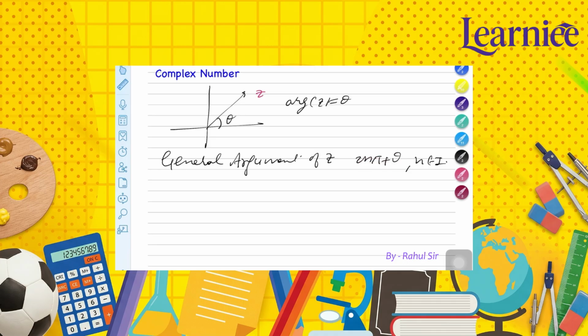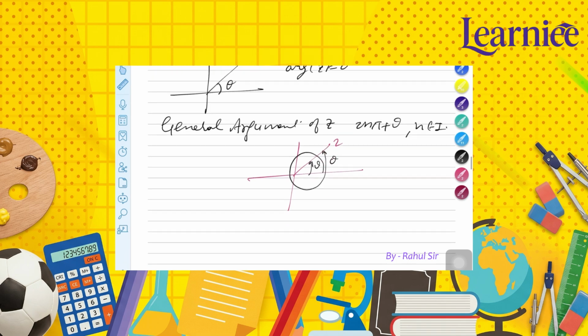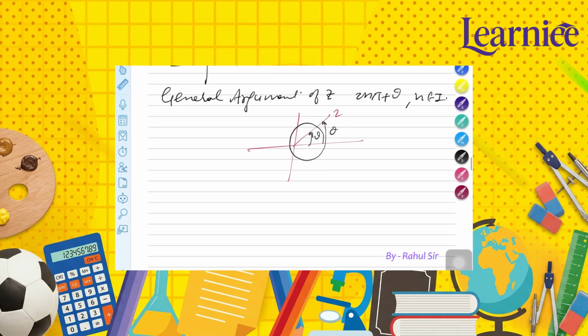You can observe here that if the complex number is here, then theta is possible, again 2 pi plus theta is possible, again 4 pi plus theta is possible, and similarly in the clockwise sense also we get values. So the general argument means the argument of z has infinite values: theta, 2 pi plus theta, 4 pi plus theta, and so on. But we are more interested in the principal argument. That is more important.